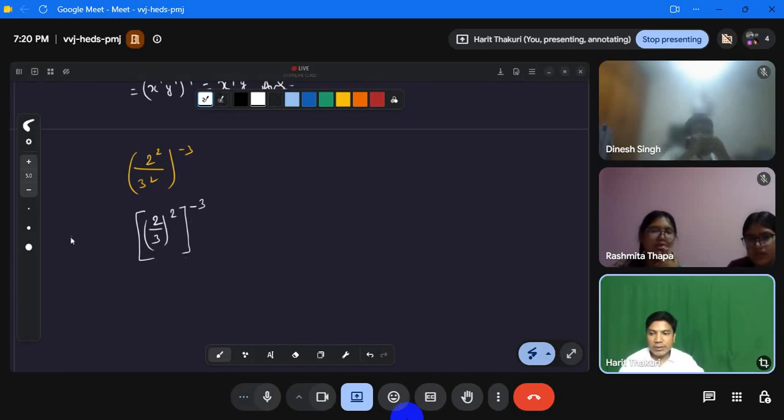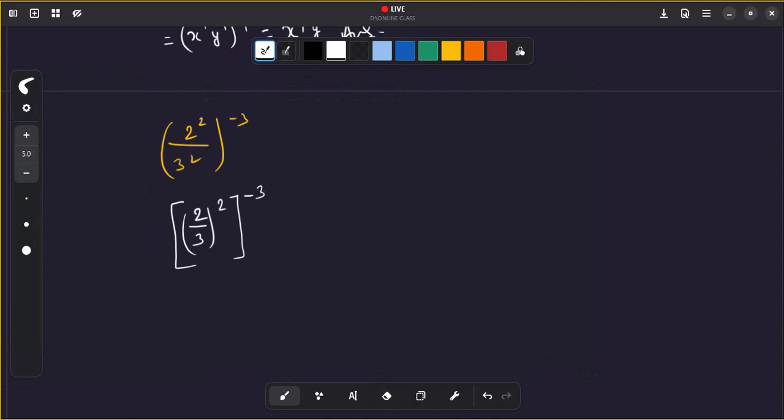There's power of the power here, right? It's 2 over 3 whole to the power 2, whole to the power minus 3. What will happen if there is power of the power? What will be our laws of indices? Multiply. Yes, right, multiply.